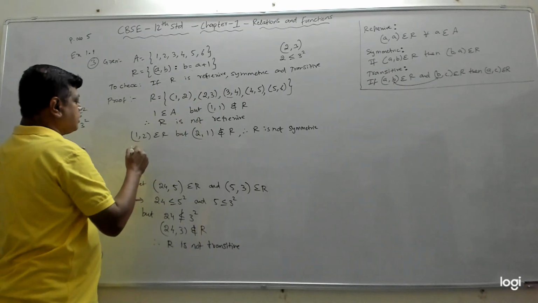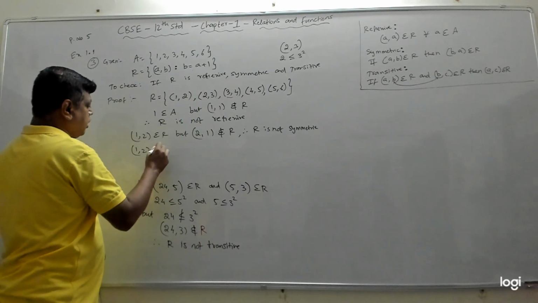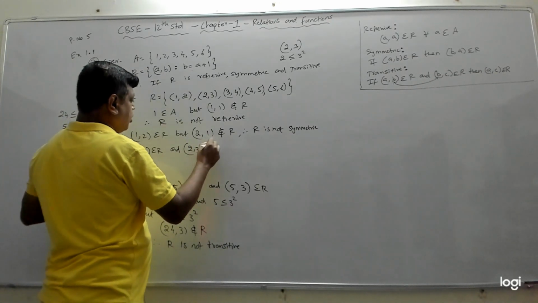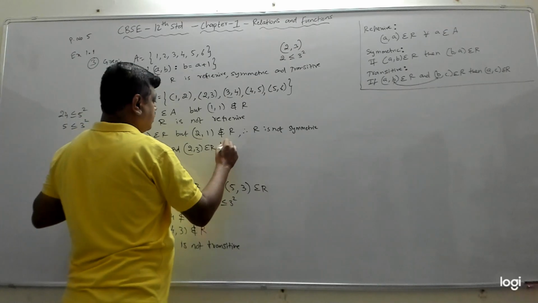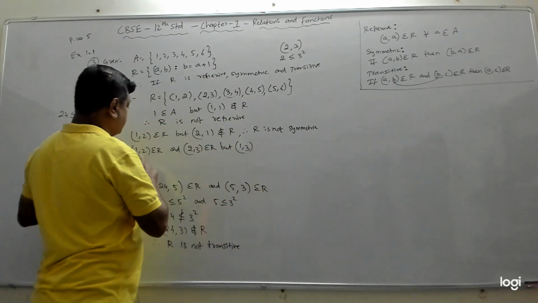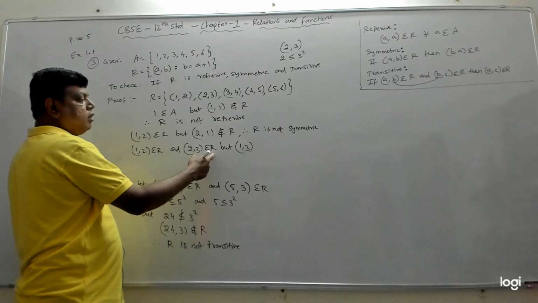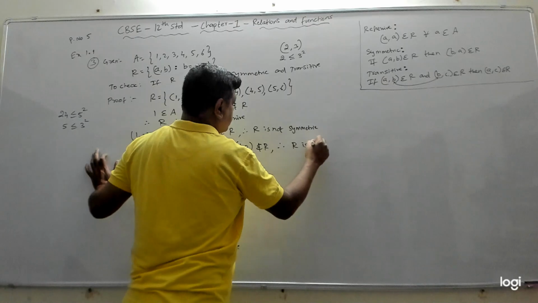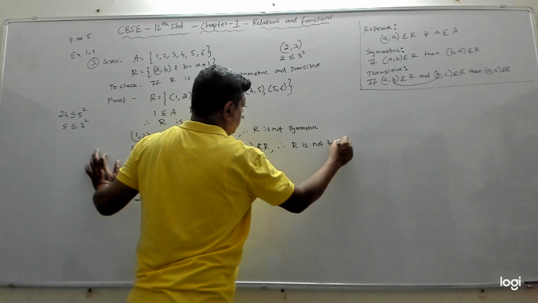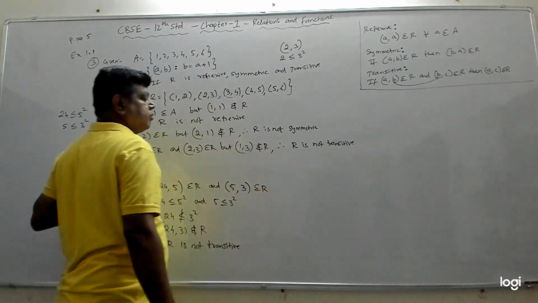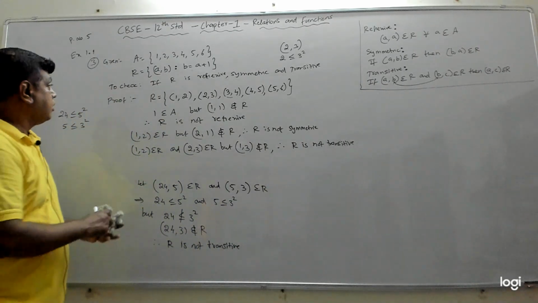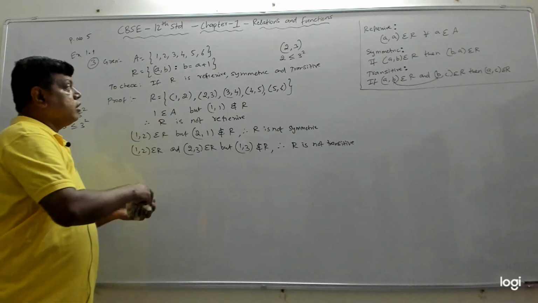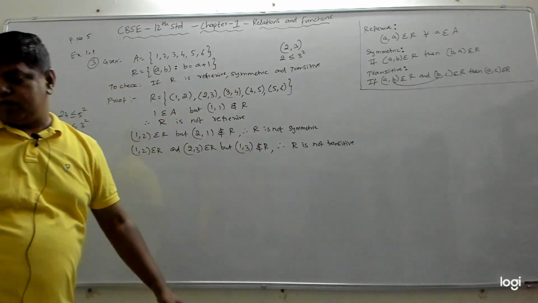So I'll say 1 comma 2 belongs to R and 2 comma 3 belongs to R, but 1 comma 3 does not belong to R. Therefore, R is not transitive. Fine. So this is the proof. We have checked that it is not reflexive, not symmetric, and not transitive.